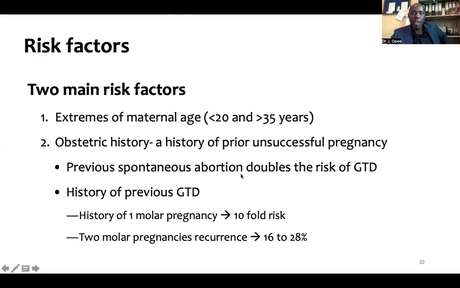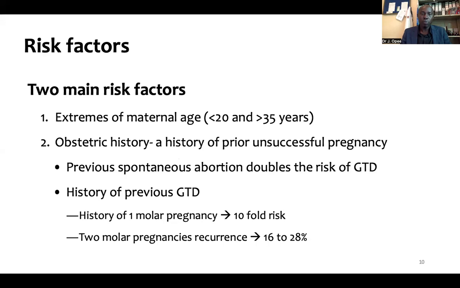Obstetric history: a prior history of unsuccessful pregnancy. If you have had many cases of spontaneous abortion, this doubles the risk of gestational trophoblastic disease in subsequent pregnancies. And when someone has had a history of gestational trophoblastic disease, even one molar pregnancy, it increases the risk of subsequent gestational trophoblastic disease by 10 times.